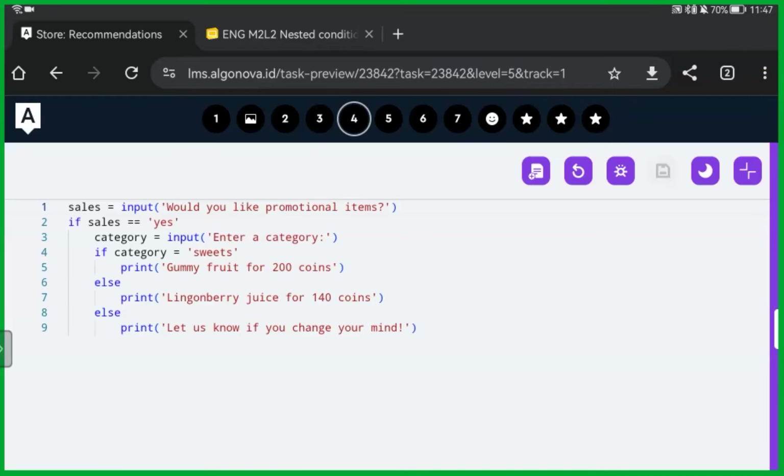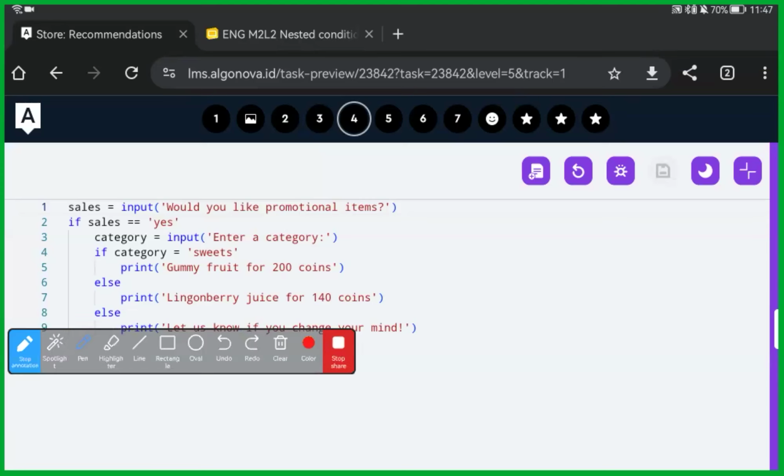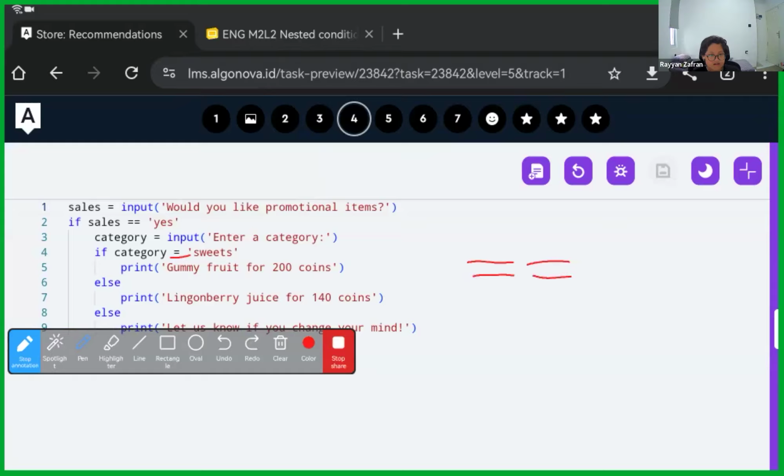Okay. I think you missed something crucial actually. The crucial thing in here is this one. If you remember in the fourth line in here, if you want to make an operator for equal, you have to use double equal, right? Oh, yeah.